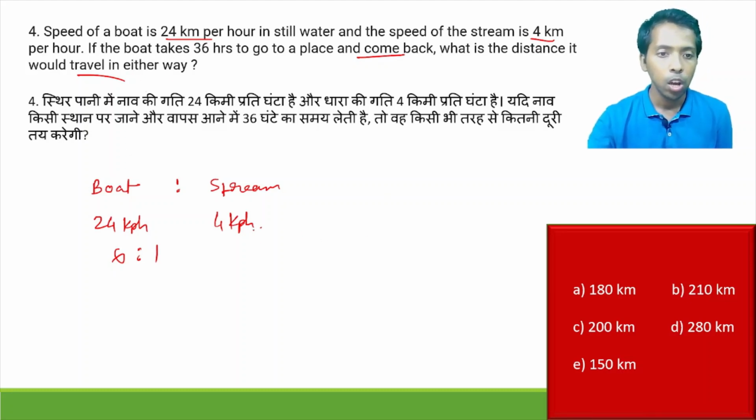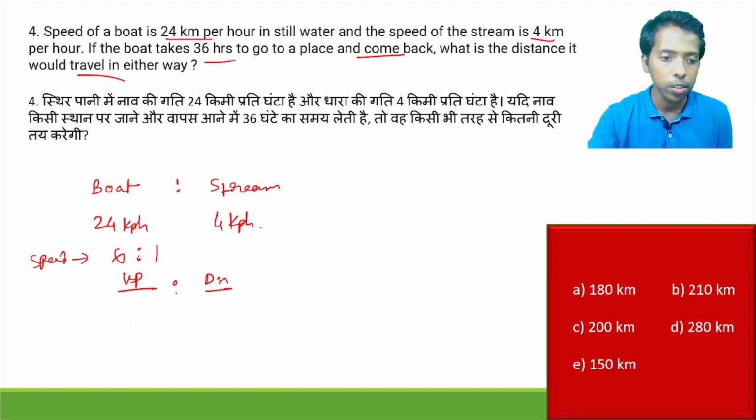So in total, 36 hours it would take. Now this is the speed ratio again. Now we have to find the upstream and downstream parts. Up is 6 minus 1, that is 5, and down is 6 plus 1, that is 7. So 7 and 5 sum to 12, and 12 is equivalent to 36 hours.